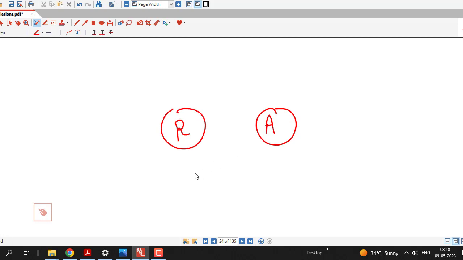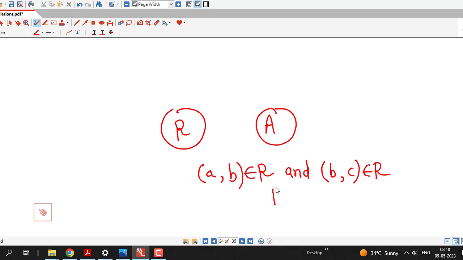Suppose we are given some relation R on a set A. Then this relation R is called transitive if whenever this type of pairs are present in R, that is (a,b) belongs to R and (b,c) belongs to R, then this must imply that (a,c) is also in R. We can see the characteristic here: the second component of this ordered pair and the first component of this ordered pair are the same.